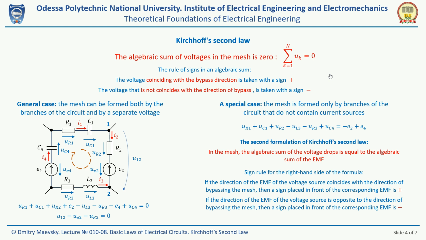In Kirchhoff's second law, we are talking about the meshes of an electric circuit, for example, this mesh. And a mesh, as we remember, is a closed path along the independent branches of the scheme. We can follow this path only in two directions.